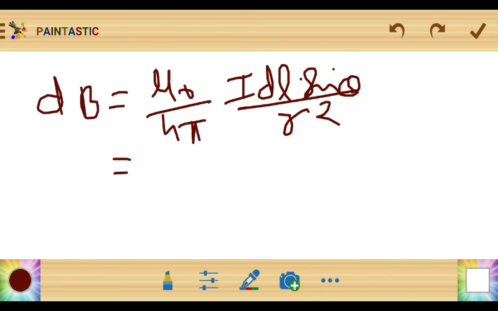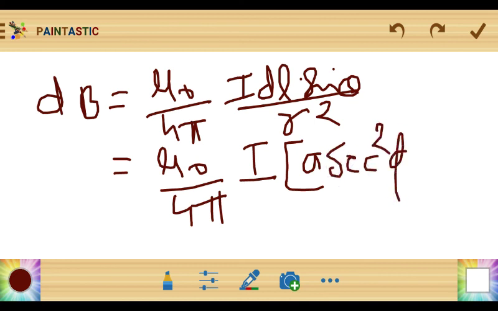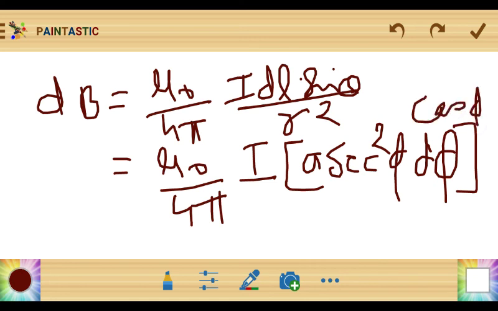So now I'll transform it: mu 0 upon 4 pi, I is as it is, but dl, now we have got the value of dl, which is a sec square phi d phi. And sine theta is cos phi. We already know sine theta is cos of phi, so here I can write cos phi upon r, where r is a sec phi.